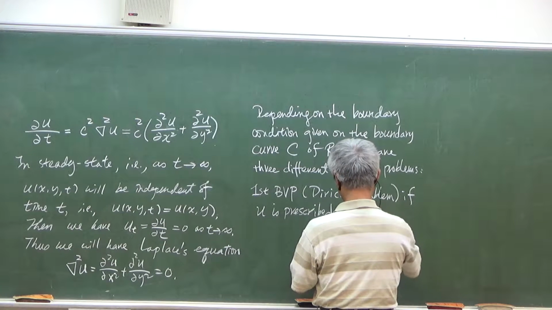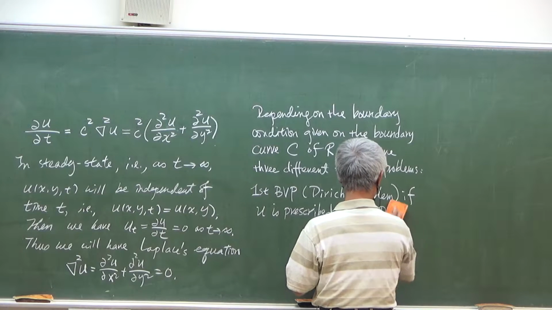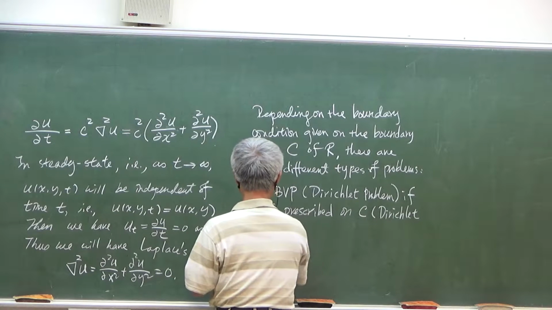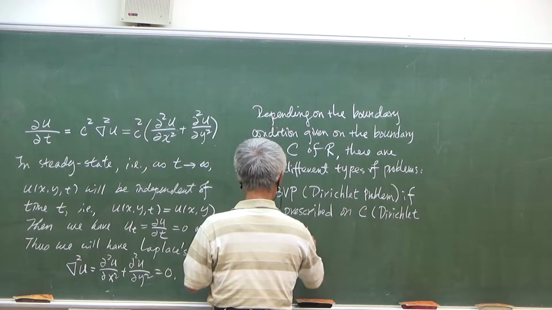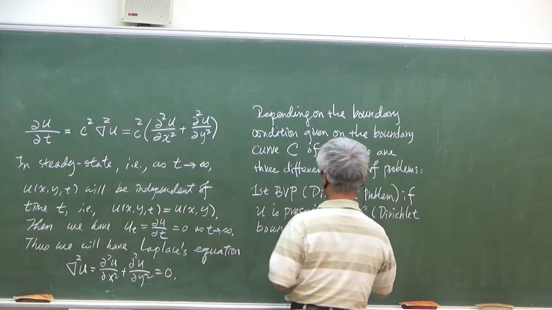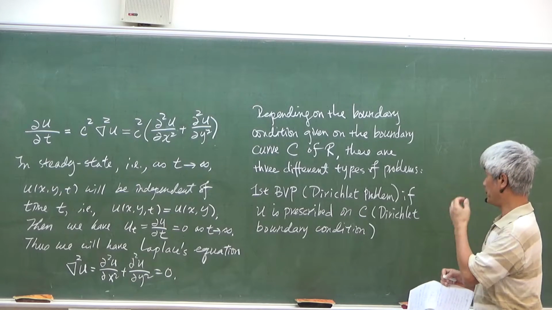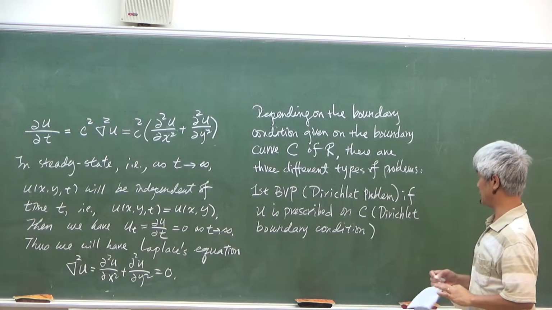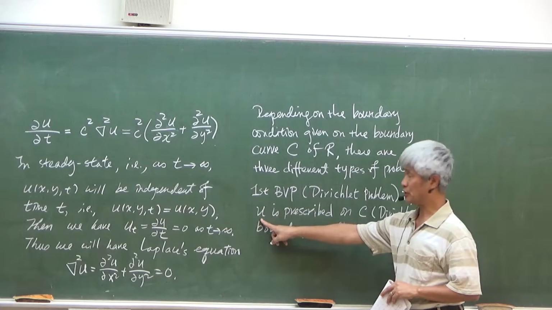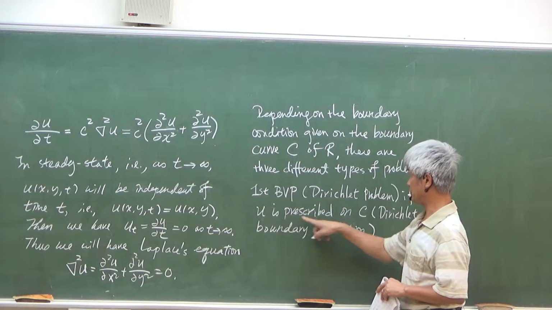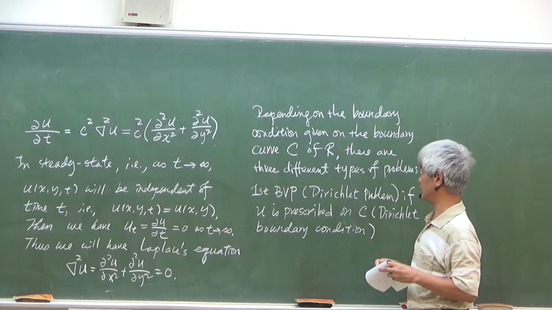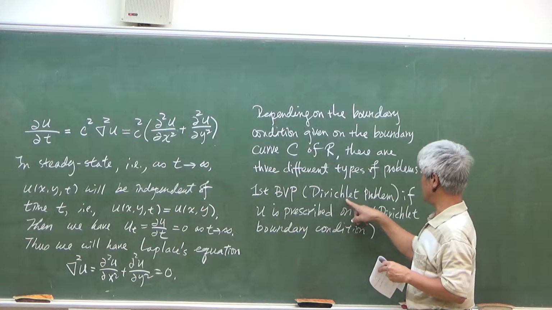So we call it the Dirichlet boundary condition. Okay, so we call a boundary condition a Dirichlet boundary condition if the temperature u itself, okay, is prescribed on the boundary curve. This is called the first boundary problem, and sometimes it's called the Dirichlet problem.